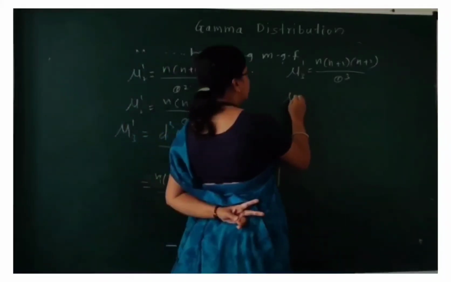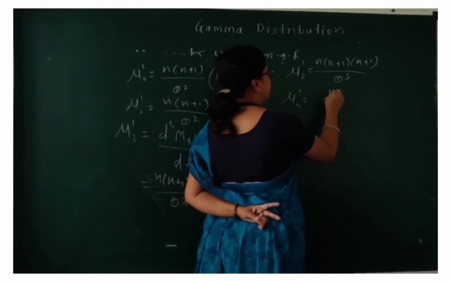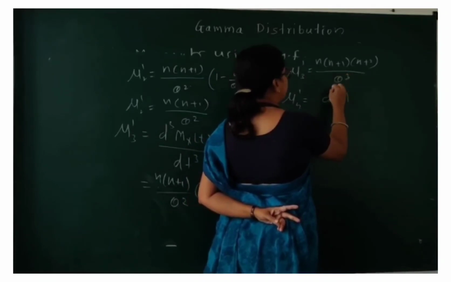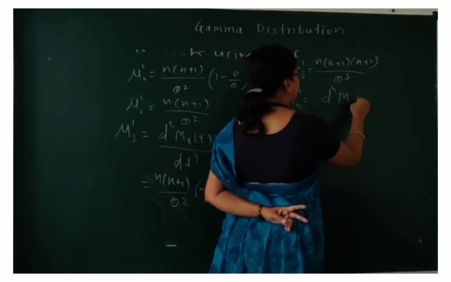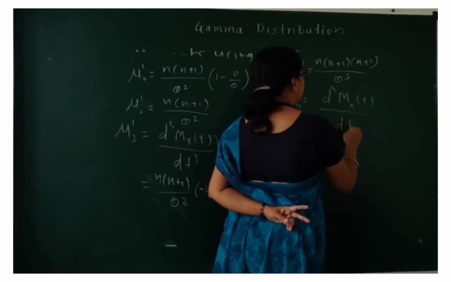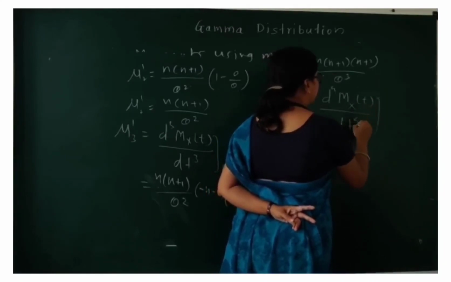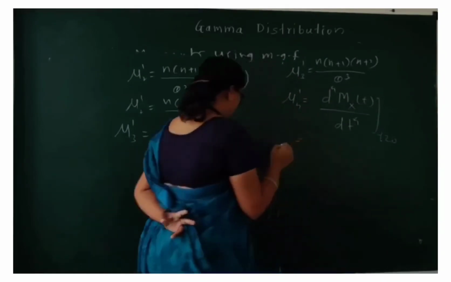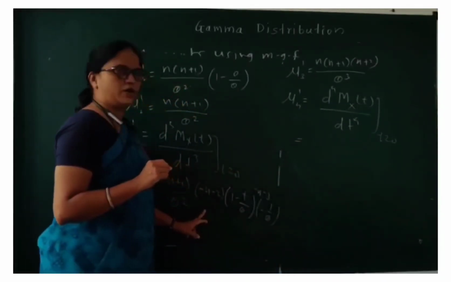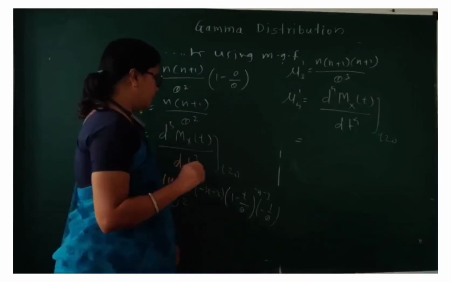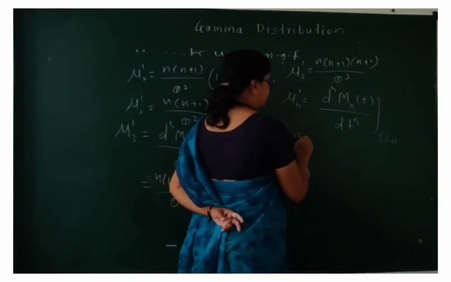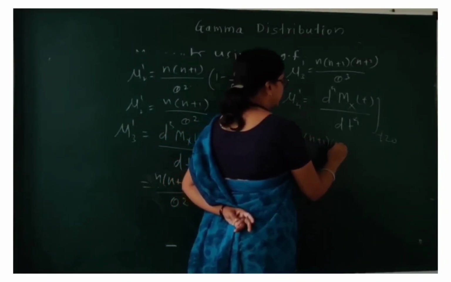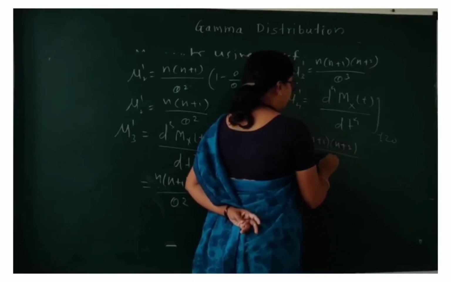Right. Now the last value, that is mu4 dash, we need to take the fourth derivative of your MGF and put the value of t as 0. So we need to take the derivative of this term now. First of all, I have the constant term as n plus 1, n plus 2 upon theta cube.